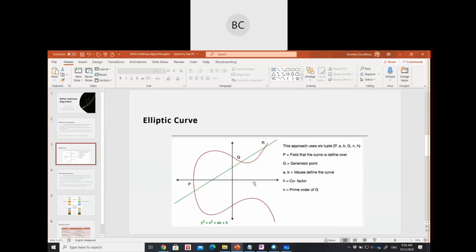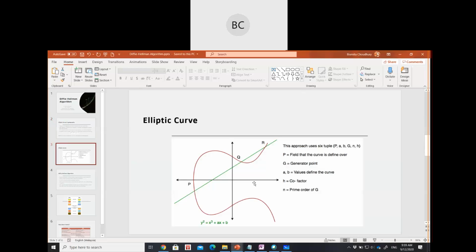If this is your curve, this red line is your curve. Any curve you can represent with a tuple of P, A, B, G, N and H. Here P is the field that the curve is defined over, G is the generator point, and A and B values define the curve.